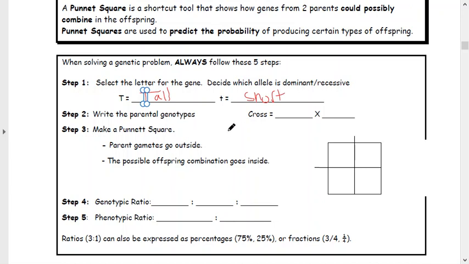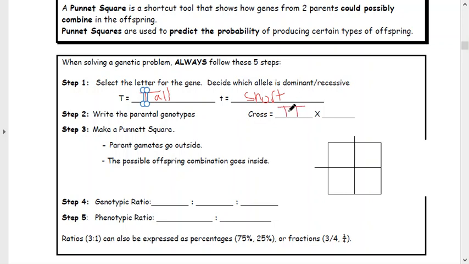And for this example, let's cross a homozygous dominant individual. I don't know, we can really pick whatever we want.